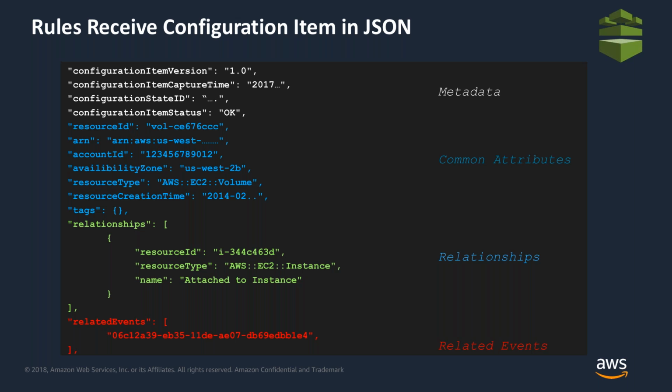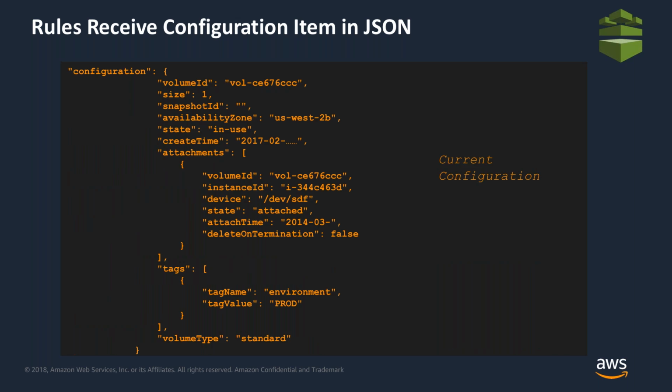Any relationships, which can describe how the resource is related to other resources associated with the account. Any related events. And lastly, the current configurations, which is the information that's returned through a call such as describe or list API of the resource. So the current configurations of a specific resource.